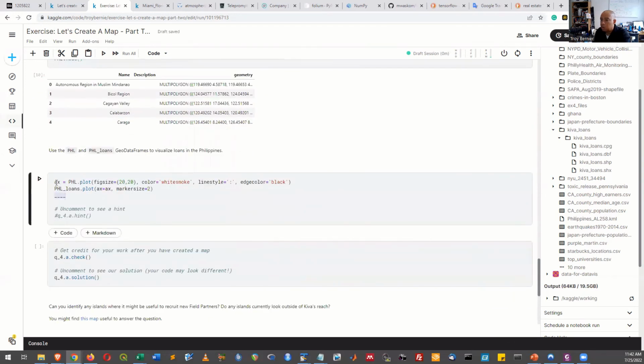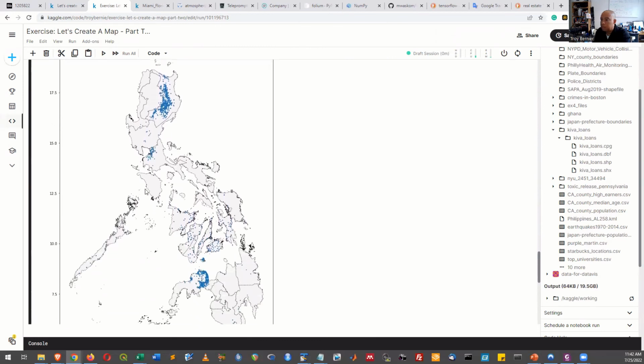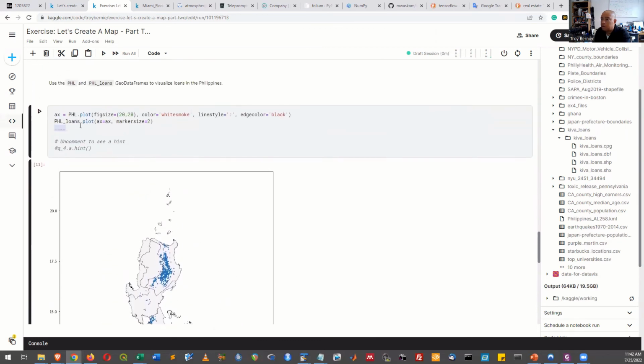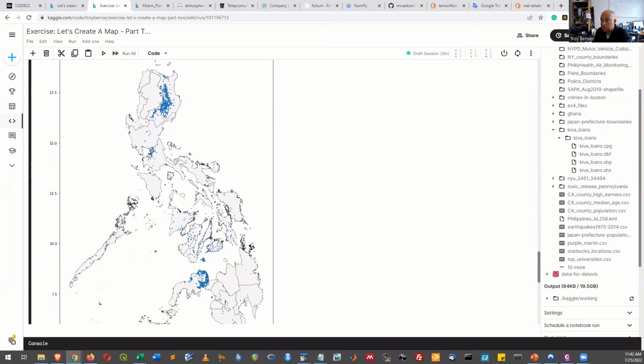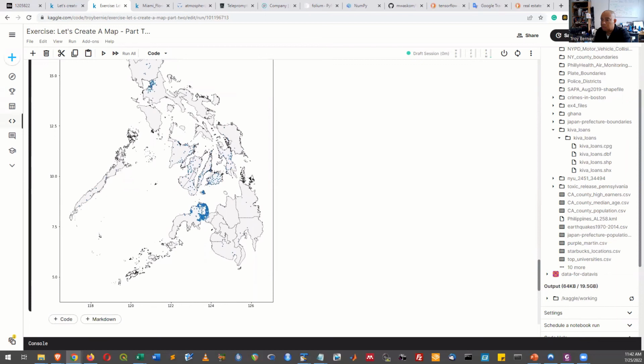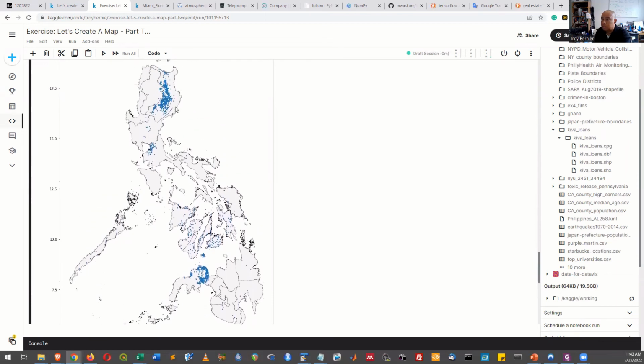Now we are going to plot those files, the Philippines and the loans, the region and the loans. So the regions have been plotted and the loans, which are dots, points, are plotted on top of that. And there you go. Pretty neat, huh?